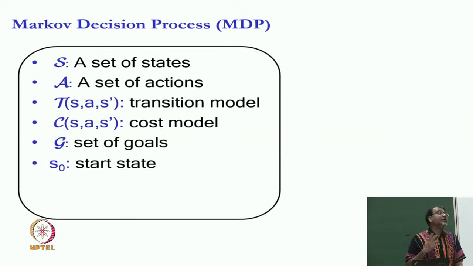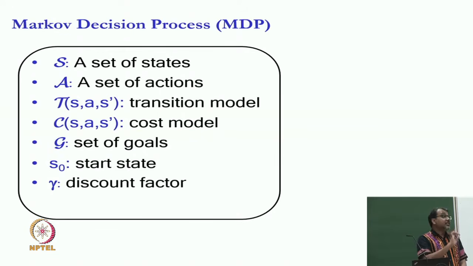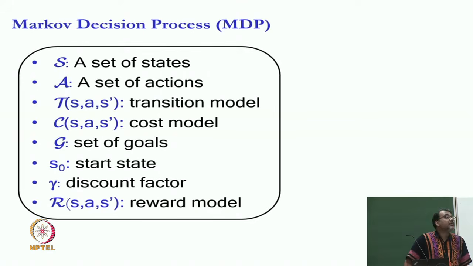You may or may not be given a start state. There is another additional thing that we need to work with called the discount factor gamma, and I will explain what that means. Sometimes you may be given a reward function also. These are the various kinds of inputs I can give you in a Markov decision process.